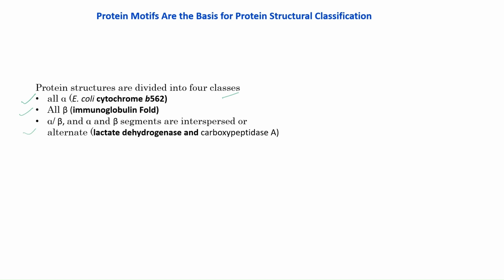So based on the type of motif, the proteins can be divided into four classes: having all alpha, having all beta motifs, or having an alpha and beta combination of motifs. Example is lactate dehydrogenase for the combination, for beta it is immunoglobulin, for alpha it is cytochrome B562.